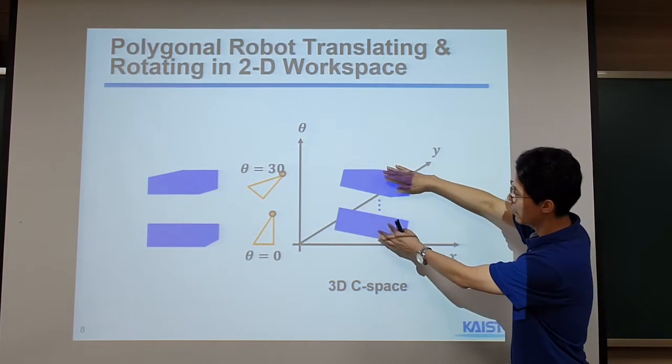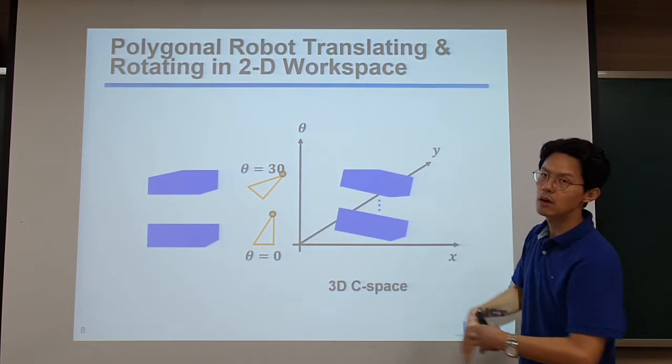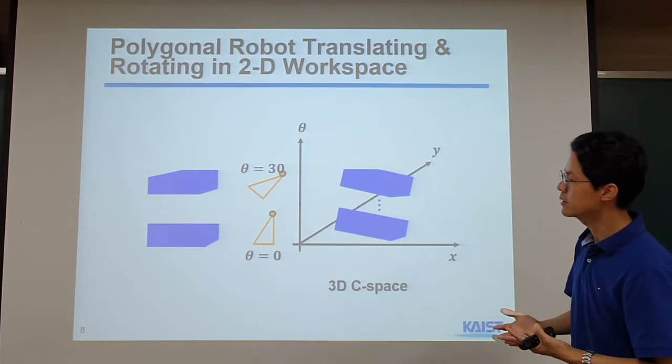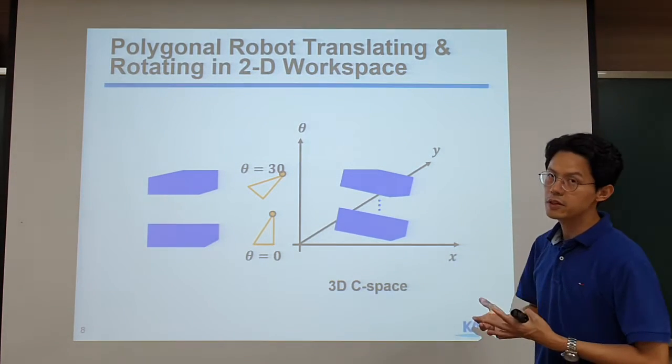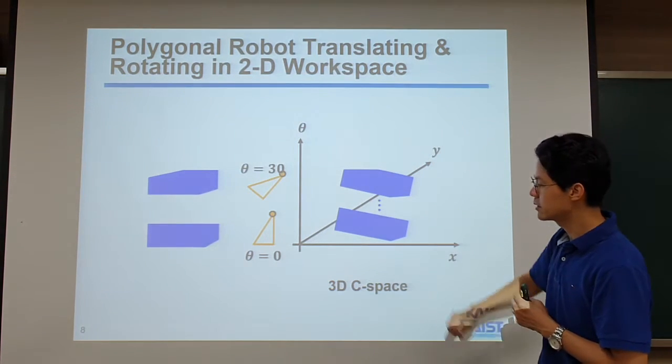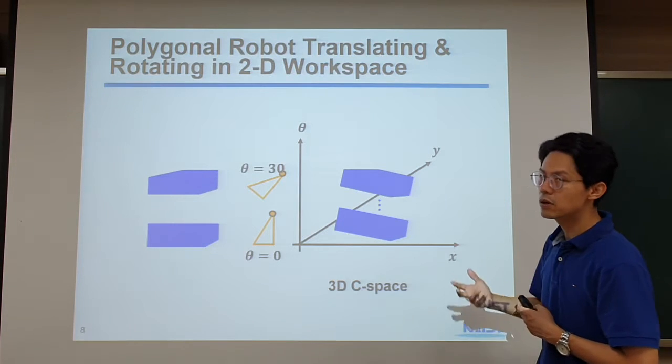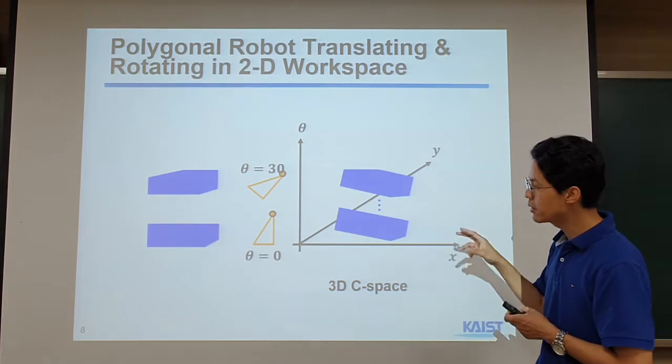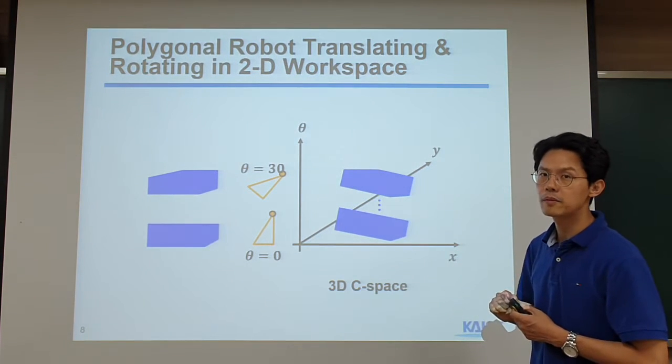In between, obviously the shape will be changing. The main message I give you is that the C obstacle space becomes very complicated in the original C space. Intuitively, we can see that computing the C obstacle space may be very difficult.